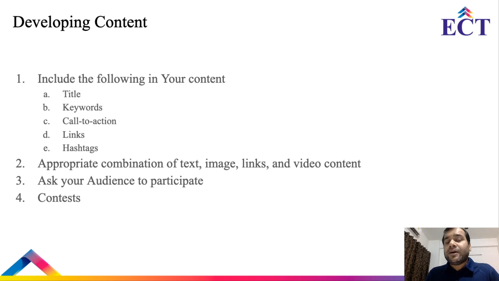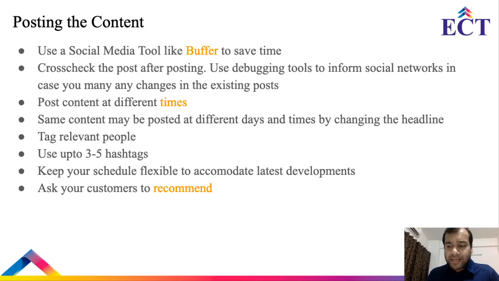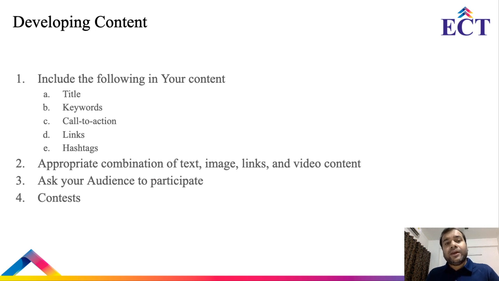Hashtags. Hashtags are important on LinkedIn, Instagram, and Twitter. On Twitter, for example, if you post content and you do not use a hashtag, then it is of no use. So these are the things that you have to do when you're preparing your content, and use the relevant hashtags.